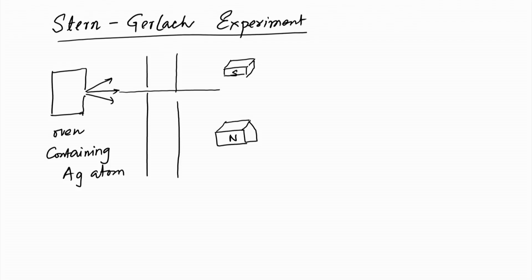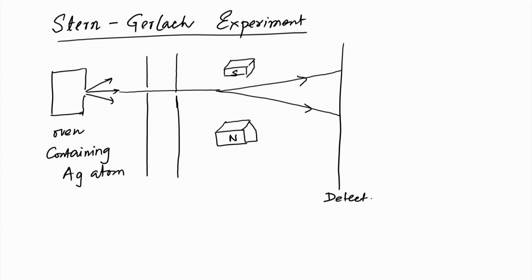So, these silver atoms coming out of the collimator undergo a deflection because of the inhomogeneous magnetic field that exists in this region, and then they are collected on the screen. They get deflected or deviated like this. So this is a detector or a screen, and this is the collimator, and this part is the magnets as told earlier.